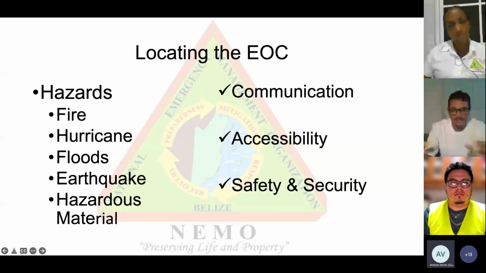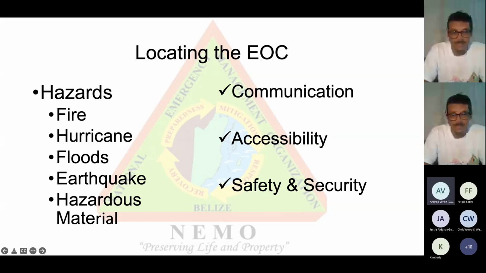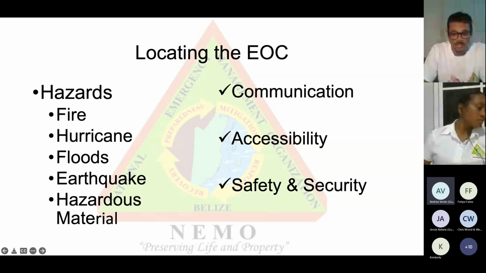It's a place where everything comes together, and directives flow from it. Information flows in from situations that are occurring and from teams such as yourself, CERT, back into the EOC, and then flows back out to you and up to the national level, right?